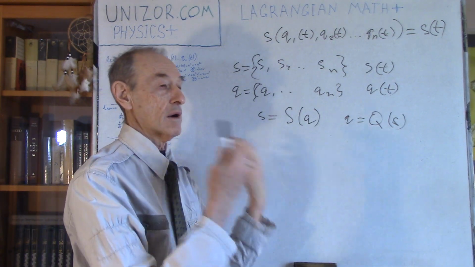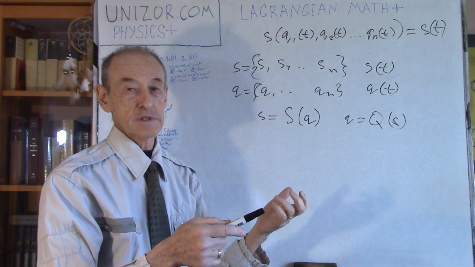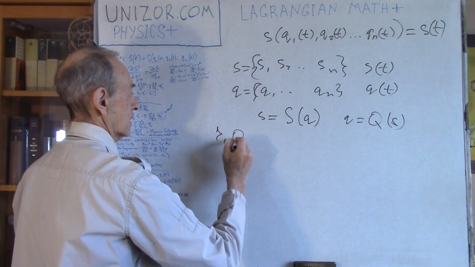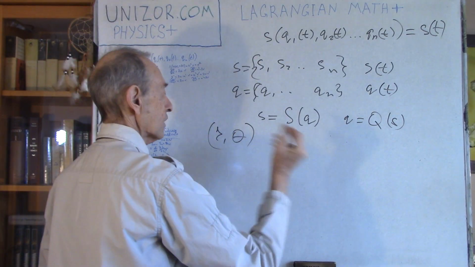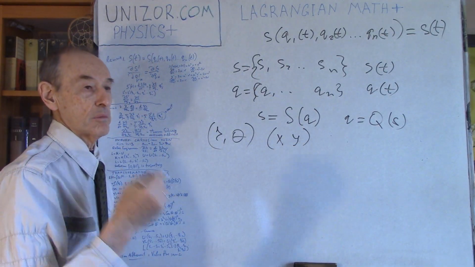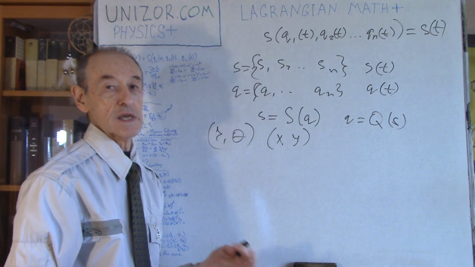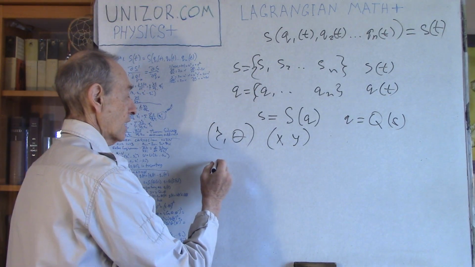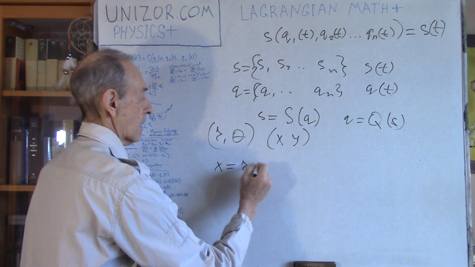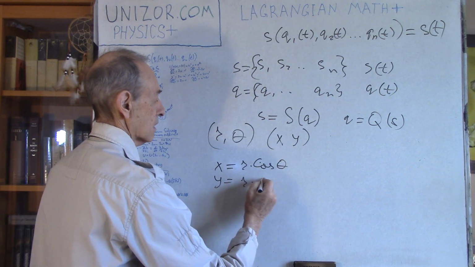So whether we are moving on a plane and using polar coordinates r, theta, or we are moving on the same plane, with the same movement of the same particle, using Cartesian coordinates x and y. Functions are converted into each other: x is equal to r times cosine theta and y is equal to r sine theta.